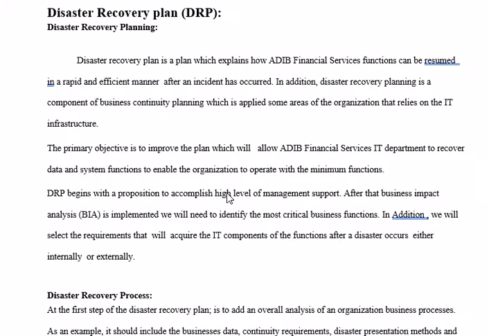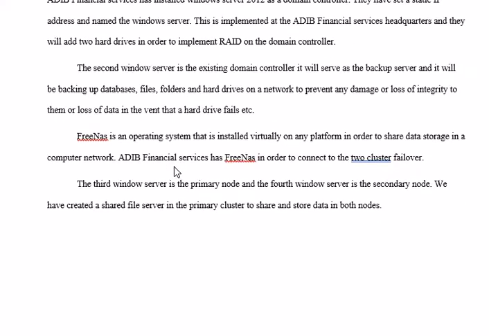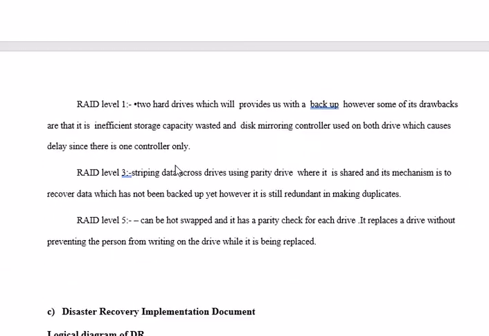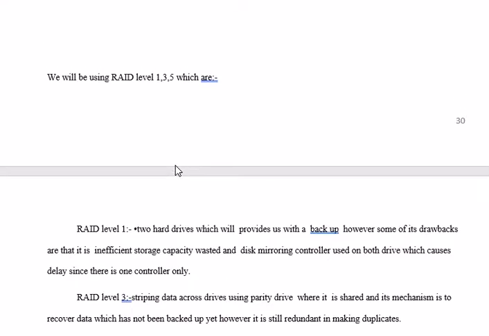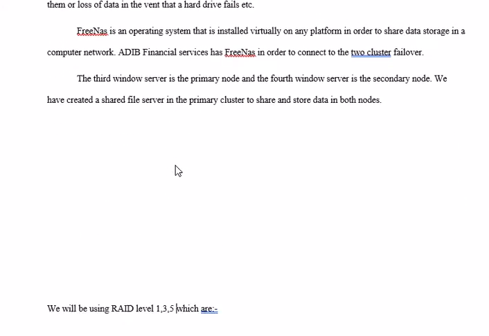We also showed the RAID levels, level 1 and 3 and 5.